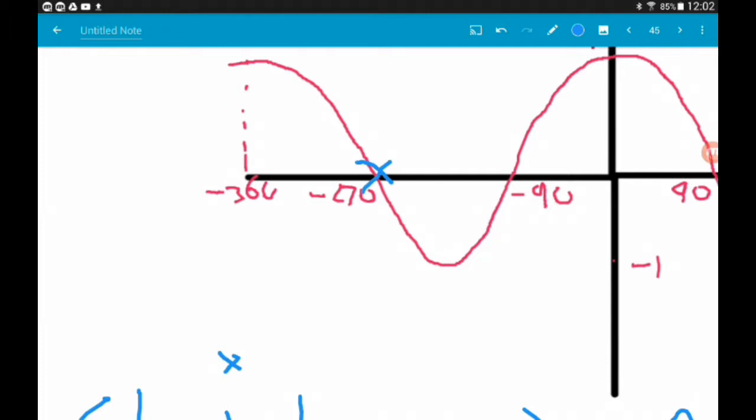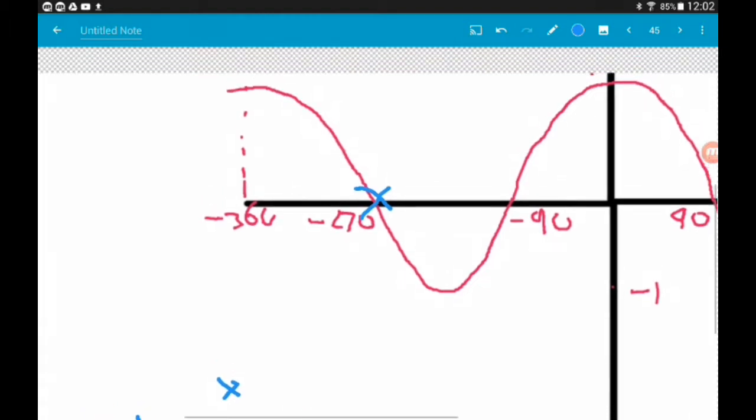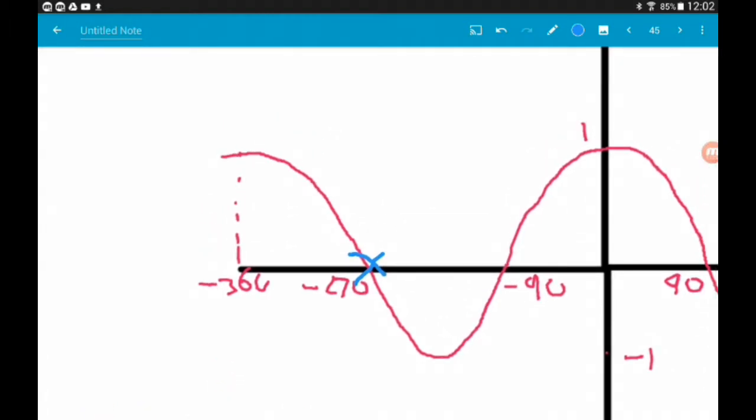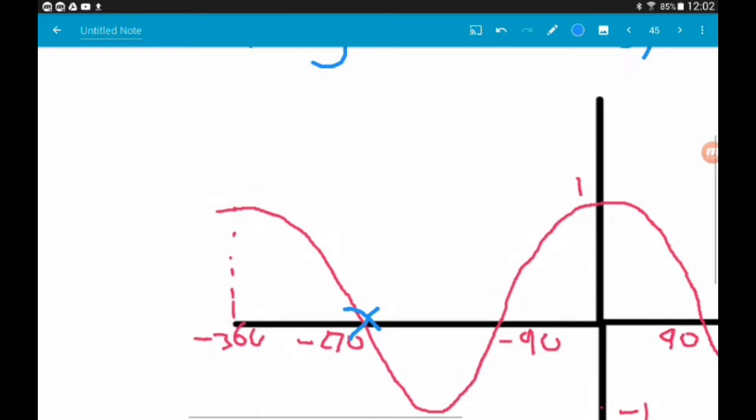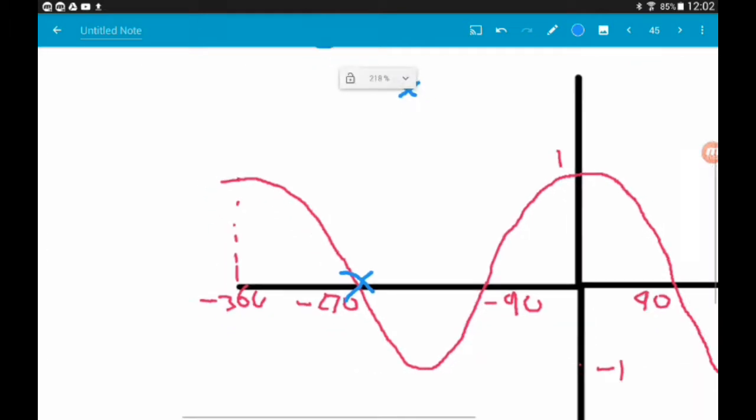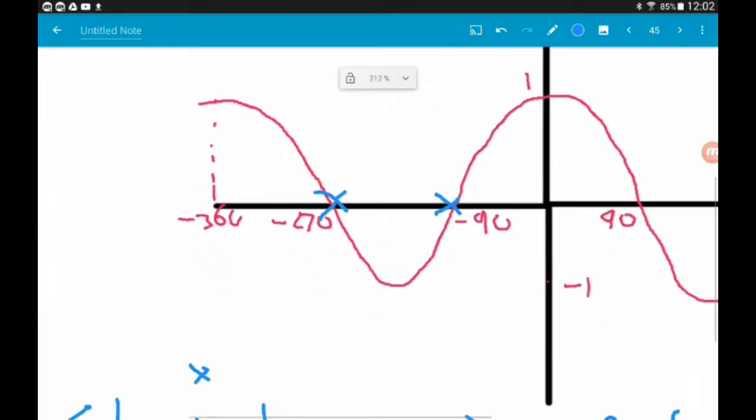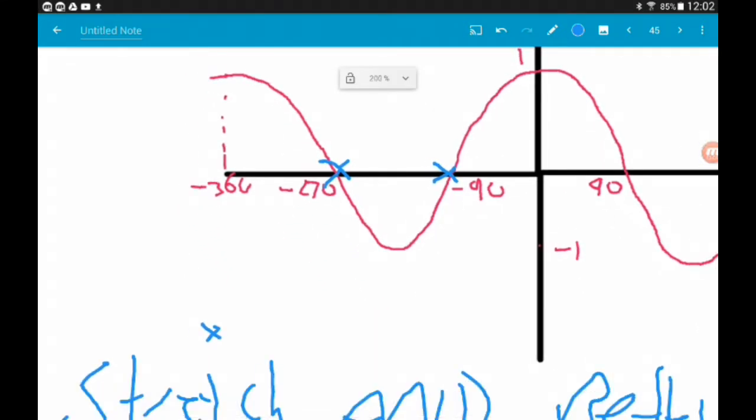This trough at (-180, -1) is still going to be at -180, but the y coordinate -1 is going to get multiplied by -2, so it's going to be up here somewhere. We're going to go through the x-axis at -90. Our y-intercept is now going to be down at -2.